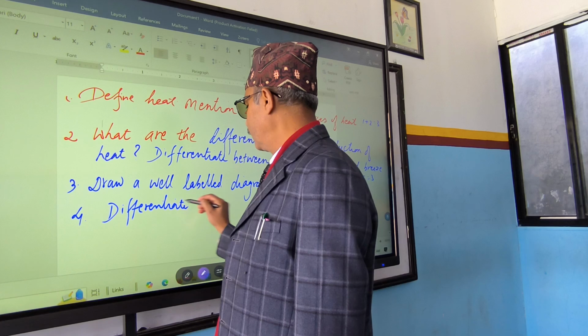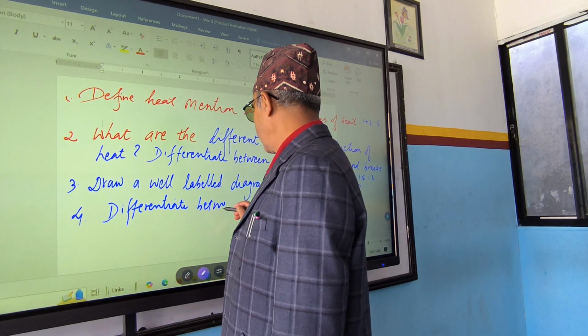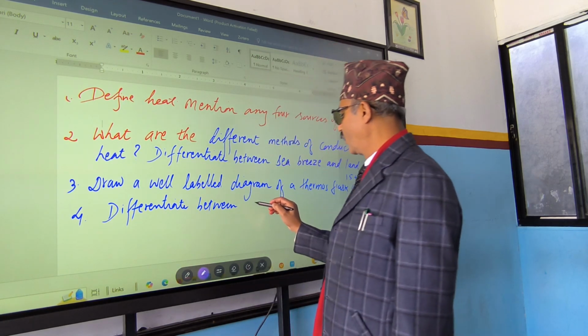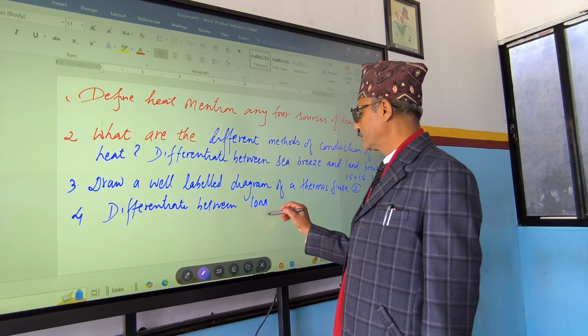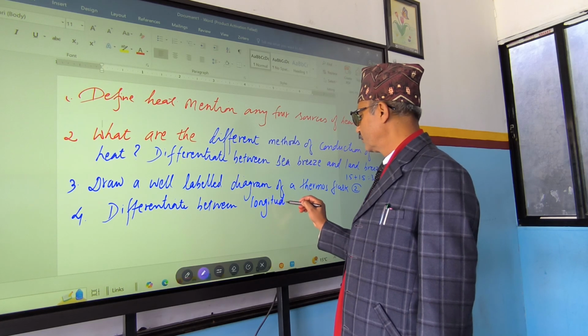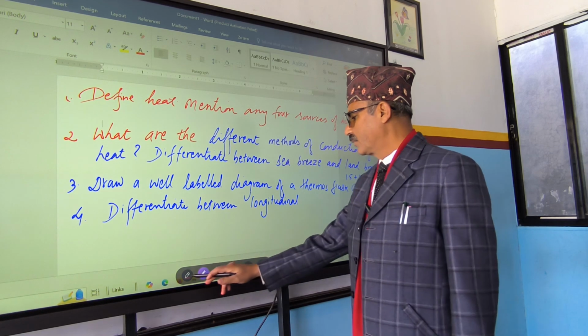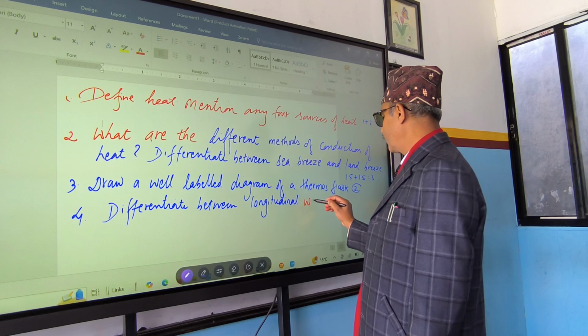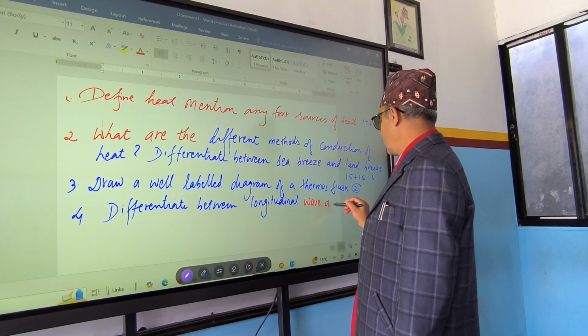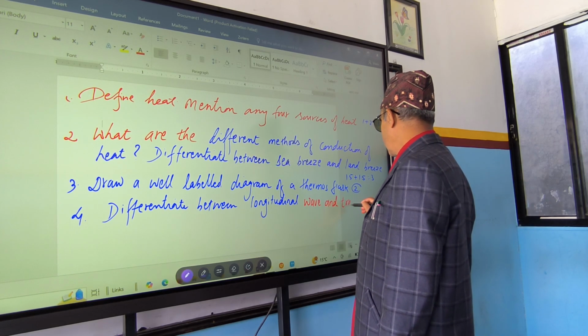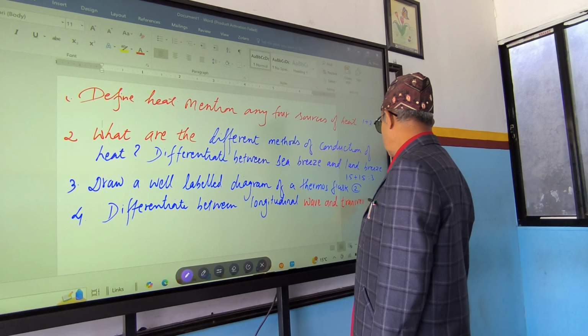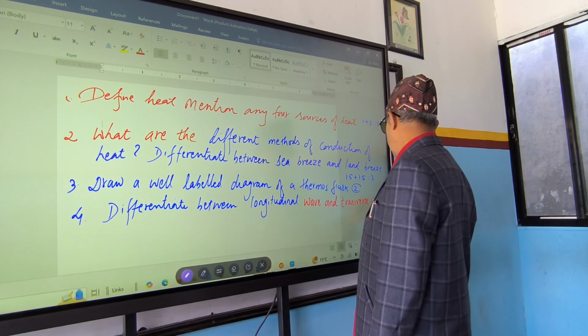Differentiate between longitudinal wave and transverse wave.